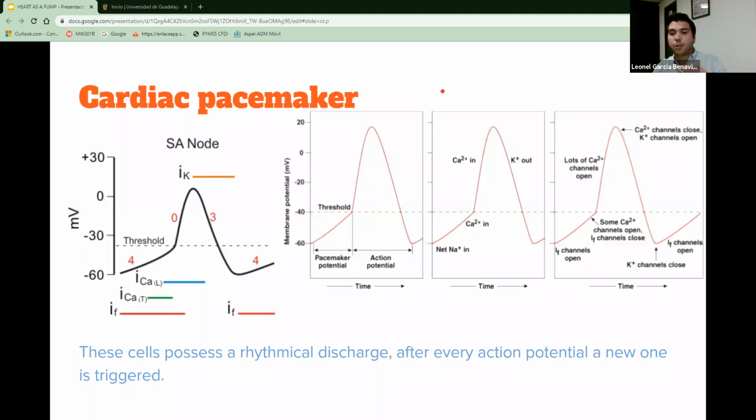After the positive side of the action potential, potassium channels open, potassium goes out of the cell, and the action potential finishes. Then again, the cell starts taking calcium, gets up to another threshold, and from the threshold it goes up, and that's the rhythm it's going to have. This action potential is going to travel to the rest of the cells, which are going to have the normal action potential we saw before.